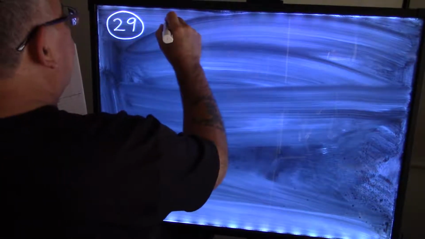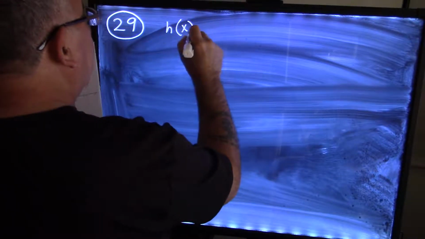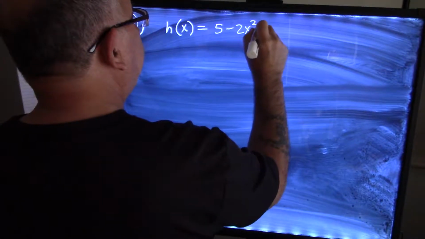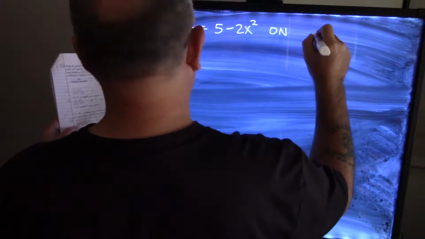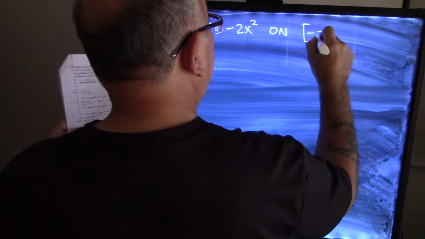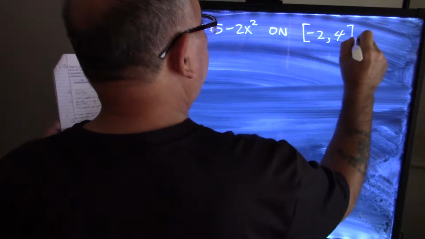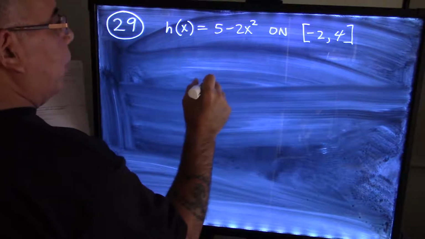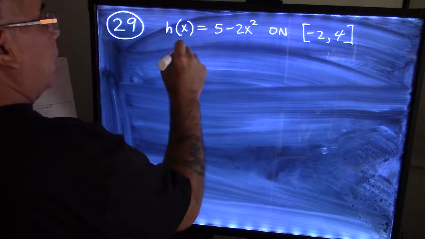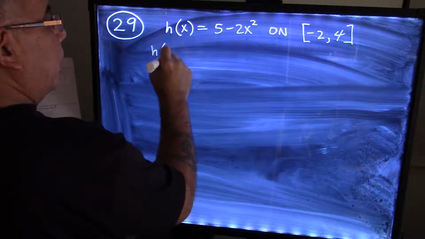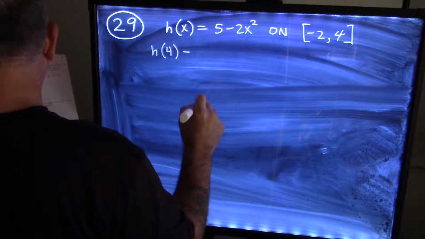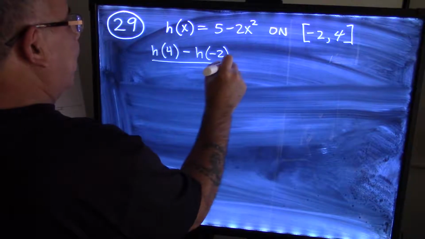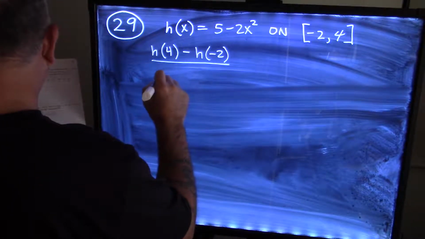So h of x2 minus h of x1, that's going to be h of 4 minus h of negative 2 over x2 minus x1. So that's going to be 4 minus negative 2.